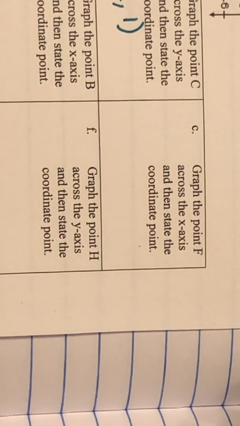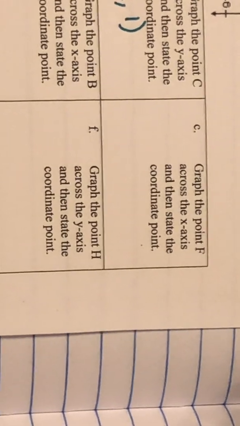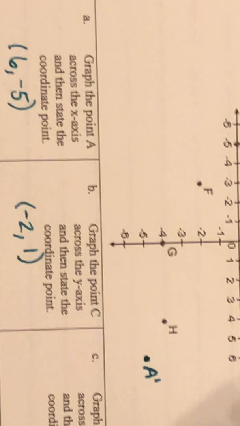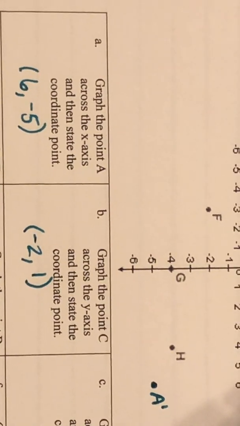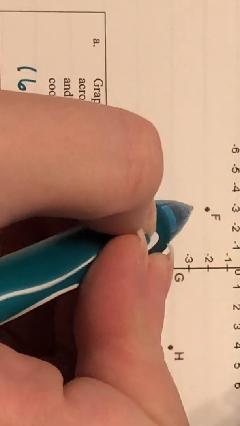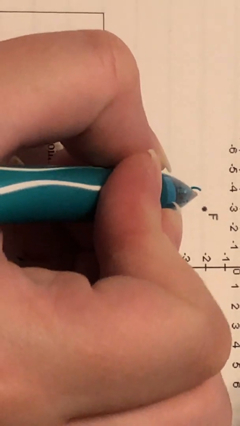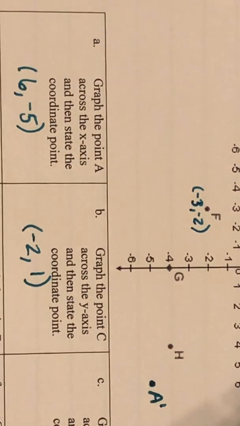Letter C says graph the point F across the x-axis and then state the coordinate point. Okay. So F is right there. F is at (-3, -2). Okay.